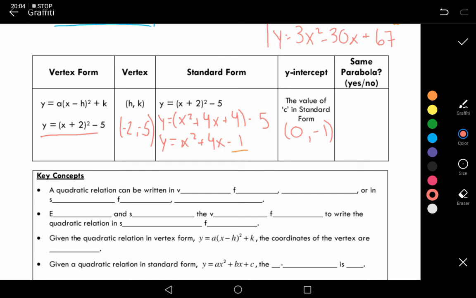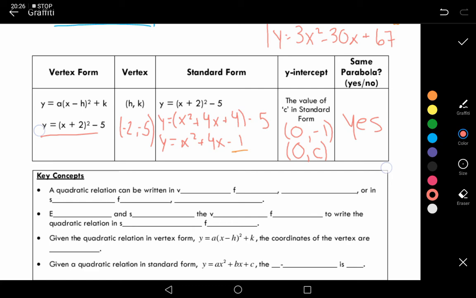So generally, the y-intercept is always going to be (0, c). Okay, and it's asking, is this the same parabola? Yes, it is absolutely the exact same thing as we saw in that first page where we graphed the standard and vertex form of the equation.